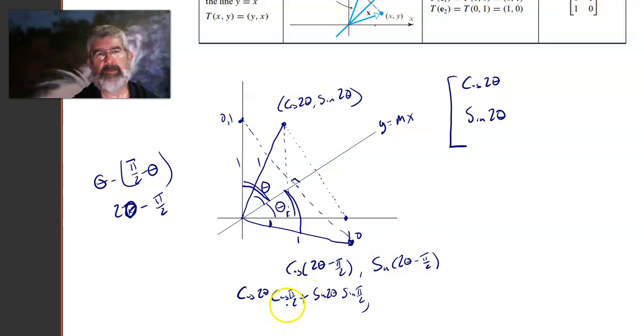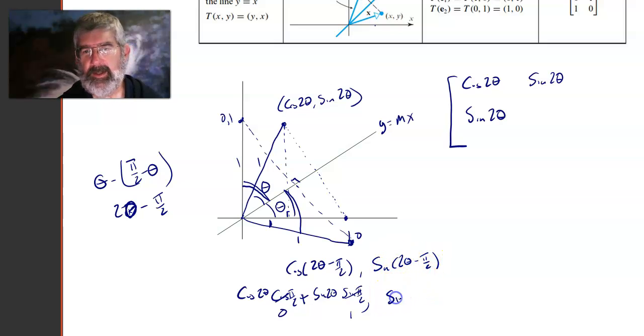And the cosine of pi over 2 is 0. Sine of pi over 2 is 1. So this just turns into sine of 2 theta right here. And for the sine of (2 theta minus pi over 2), I'll use another identity.